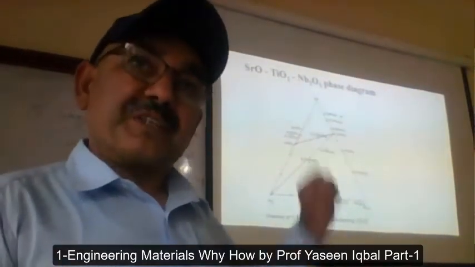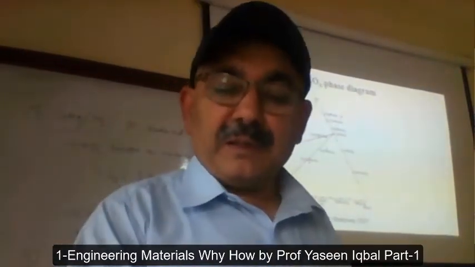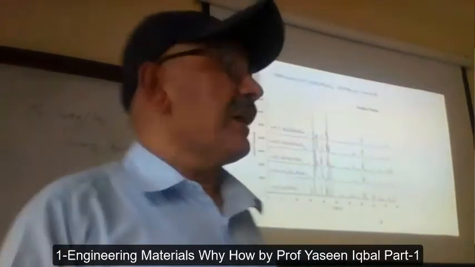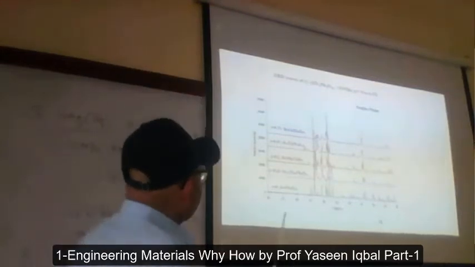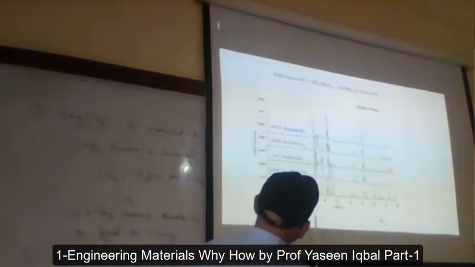So you look into these things. Now, when you look into these things and you do XRD of these, start from here. This peak is common, this peak is common, these peaks are common.